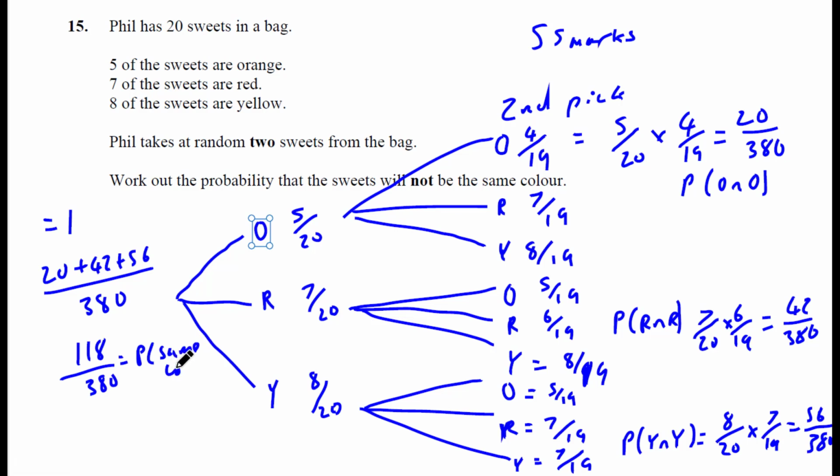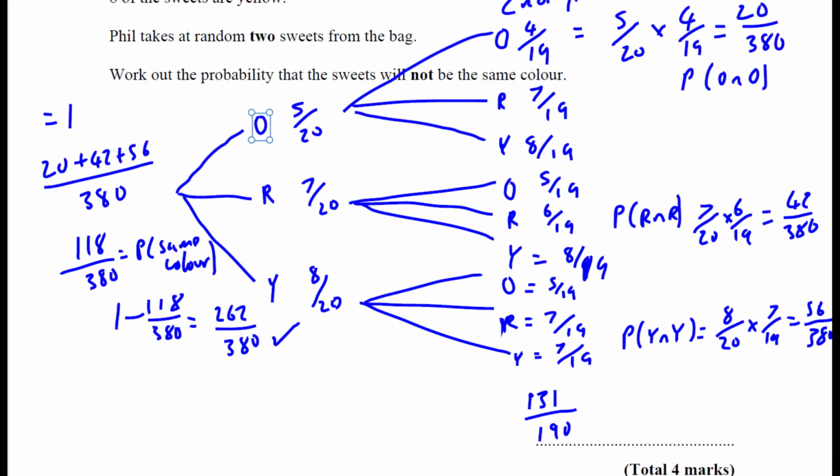So 1 minus this must be different colours, so that is 262 over 380, and that should be acceptable as an answer, but you can simplify that on your calculator, or just divide that answer by 2 and that will give you another 4 marks.